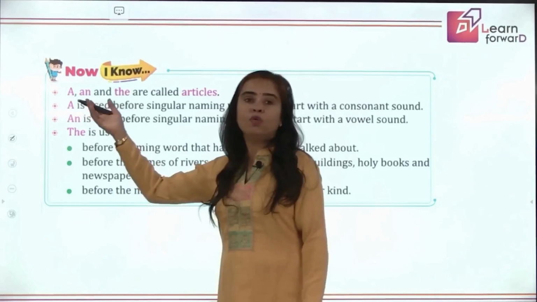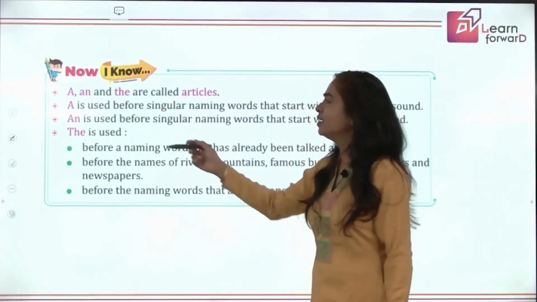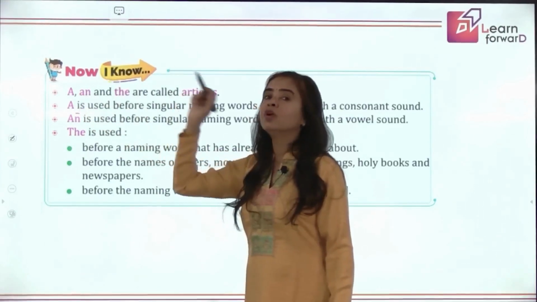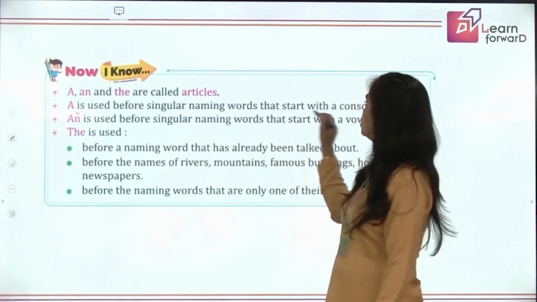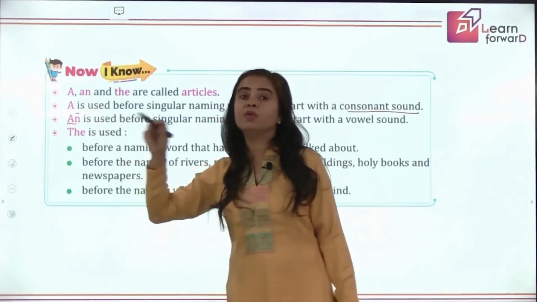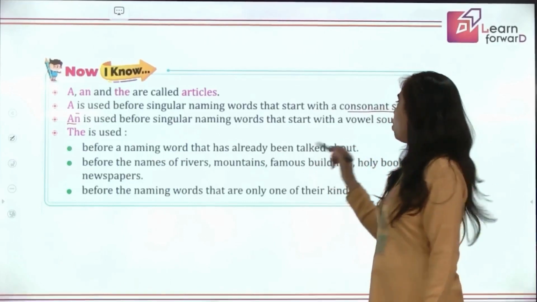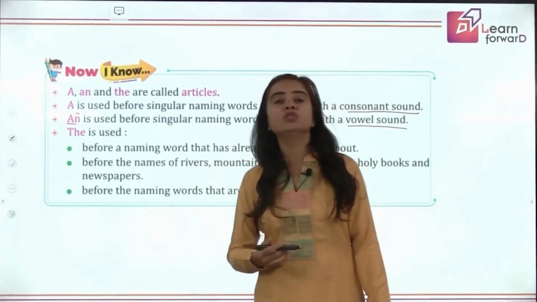Now moving ahead. So now what all do I know? A, an and the, these are the three articles. A is used before a singular naming word which starts with a consonant sound, whereas an is used before a singular naming word that starts with a vowel sound. And we have learnt about three uses of the article.